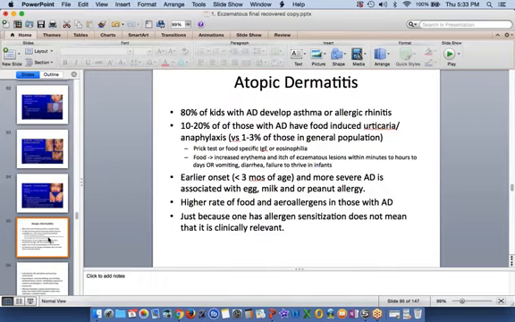If you suspect something by history, you could send the patient to an immunologist for RAST testing. It's a blood test that says what some of these patients may be sensitive to, like egg, milk, peanuts, whatnot. But it's not the mainstay of the therapy.